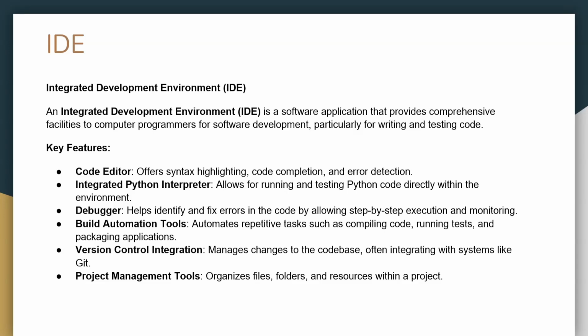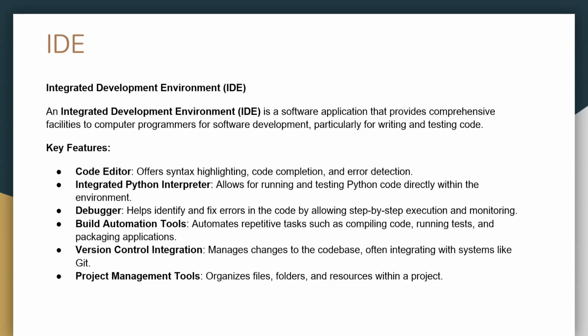Then it will have an integrated Python interpreter, which means inside the IDE you can run and test Python code directly. It also has a debugger, which helps you identify and fix errors. And it also has automation tools, so if you want to automate some script, you can get these automation tools inside the IDE software.